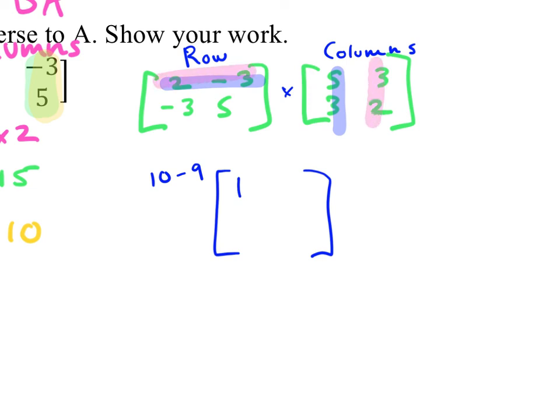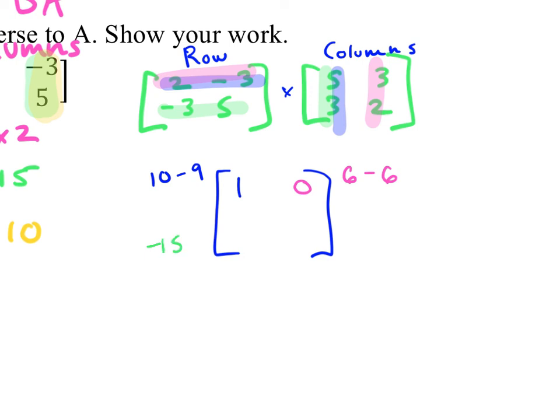First row, second column. So 2 times 3, 6. Negative 3 times 2, negative 6. We get 0. What's next? Second row, first column. Negative 3 times 5, negative 15.